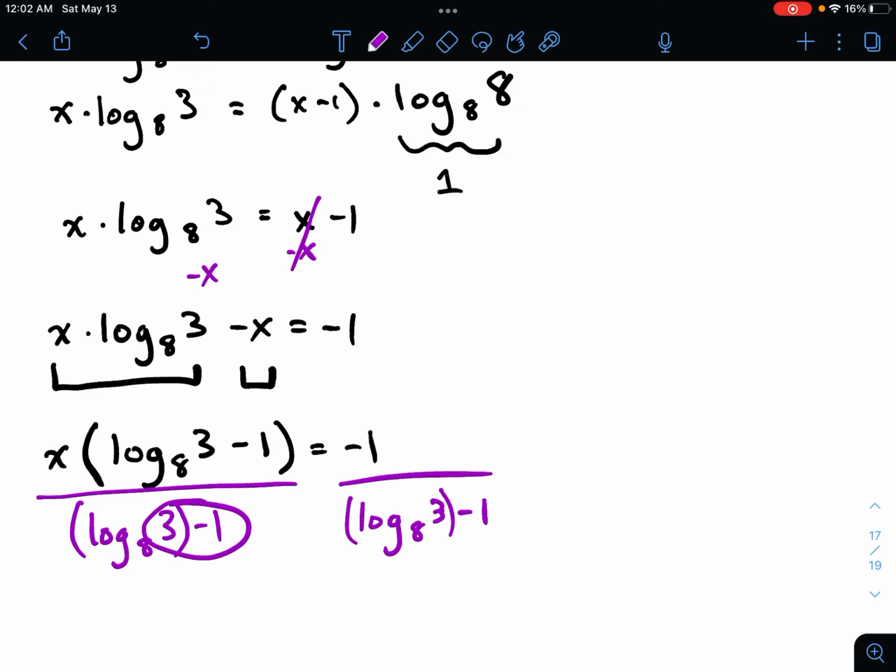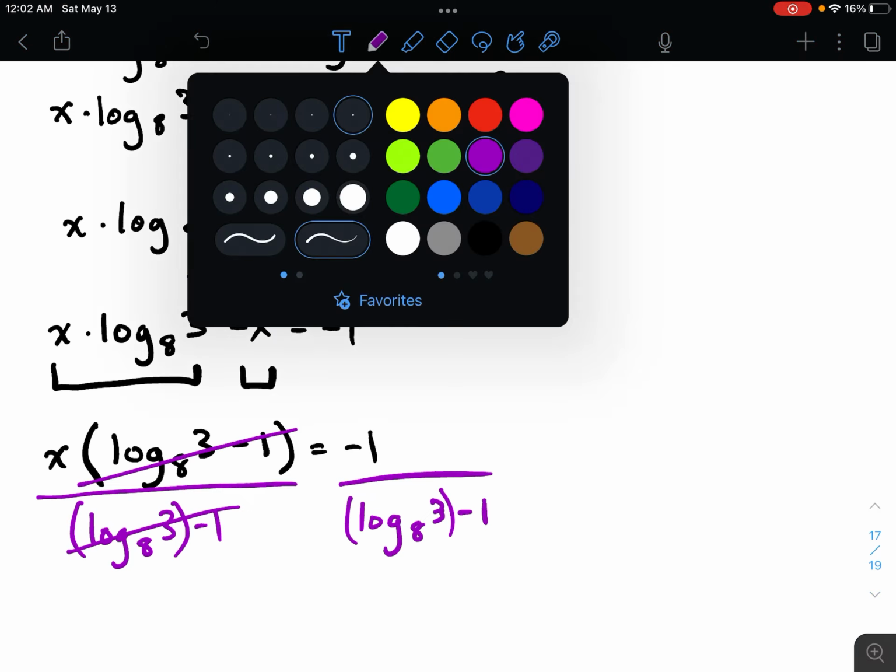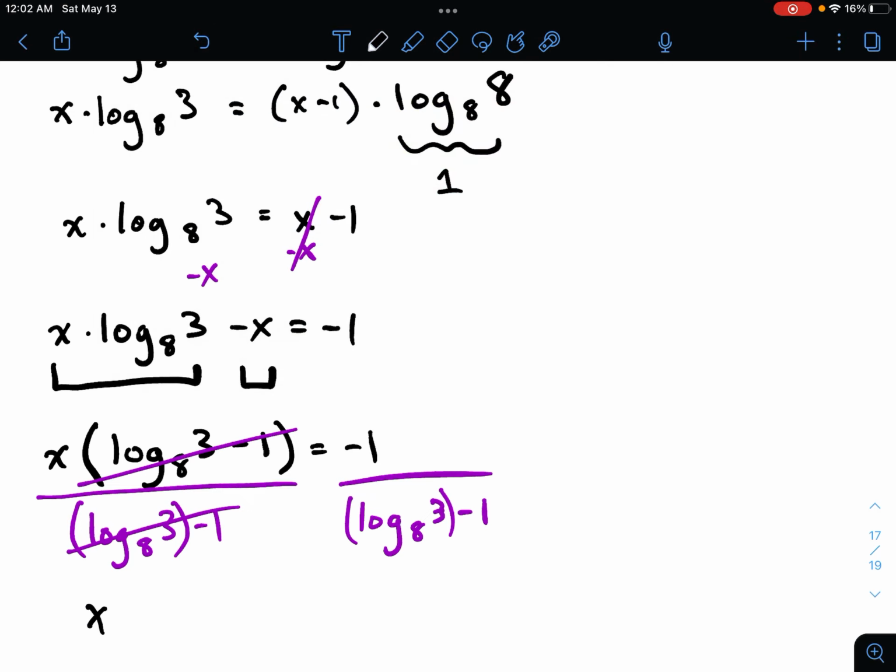If you combine those together and make it a 2, you're going to get a wrong answer. You have to do log base 8 of 3 separately and then a -1. Okay. We're going to see these cancel because it's the same value. So now we end up with x equals -1 over log base 8 of 3 minus 1.